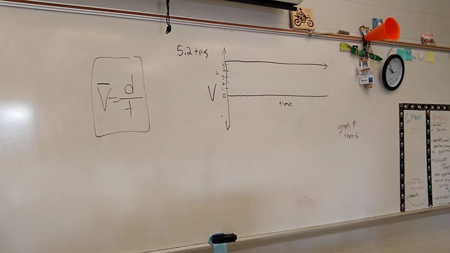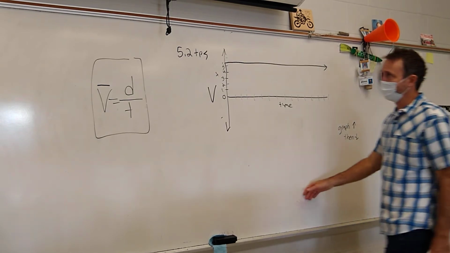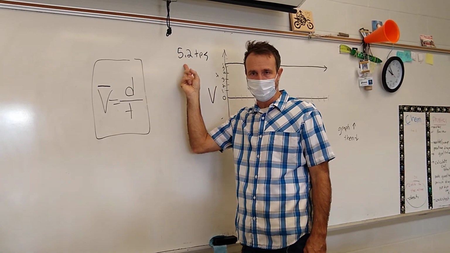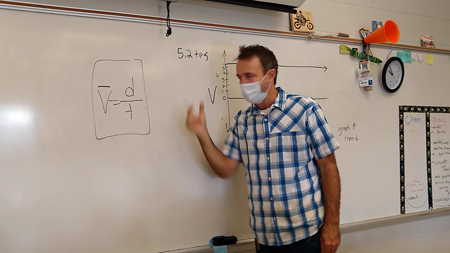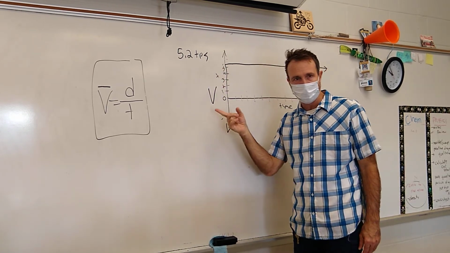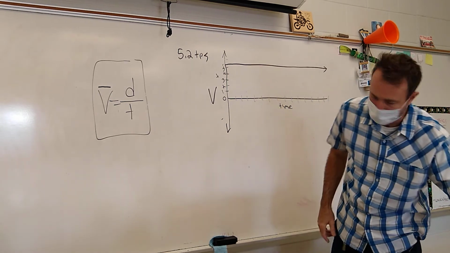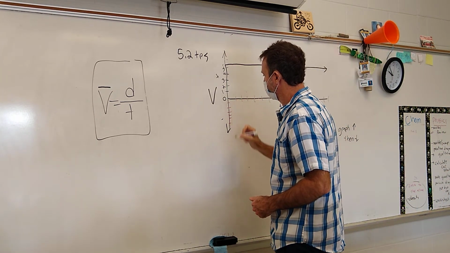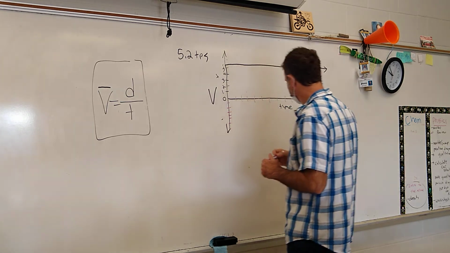So we know that this car has a velocity of 5.2 tiles per second when it's in motion. And if we're looking at a graph like this with velocity, right? And let's say 1, 2, 3, 4, 5, 6.